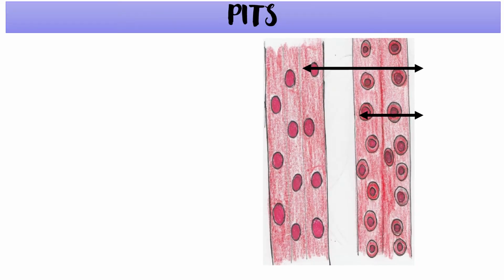So what are pits? Pits are the holes in the secondary wall. Secondary wall is deposited inner to the primary wall. But there are some circular portions where the secondary wall is not deposited. That means the primary wall is not covered. This portion is called a pit.